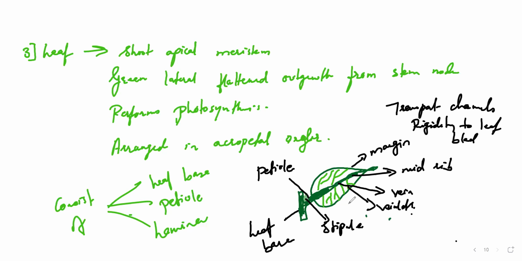Okay, so basically whatever the vein or veinlets are there, they are arranged in this lamina, and this is termed as what? Venation. Okay, so whatever arrangement of vein and veinlets in this leaf lamina is called venation. Okay, so depending upon how the veins or veinlets are forming the network or how they are divided, you have different types of venations.